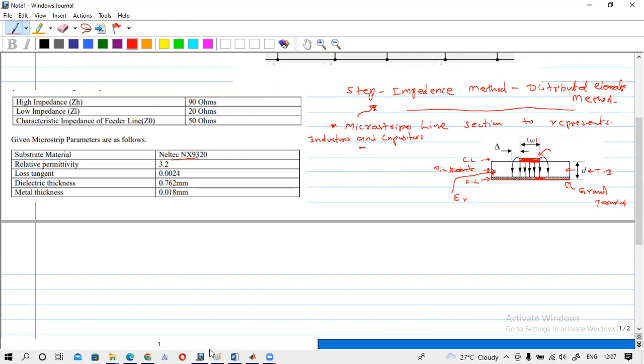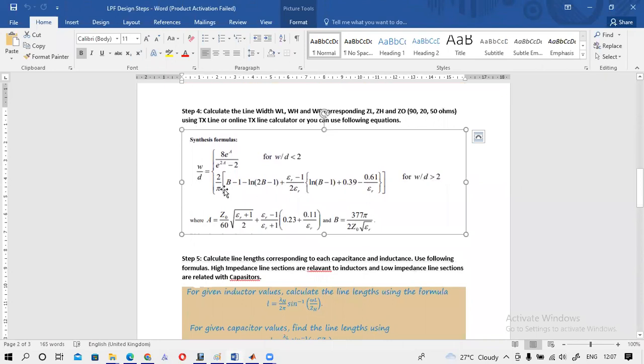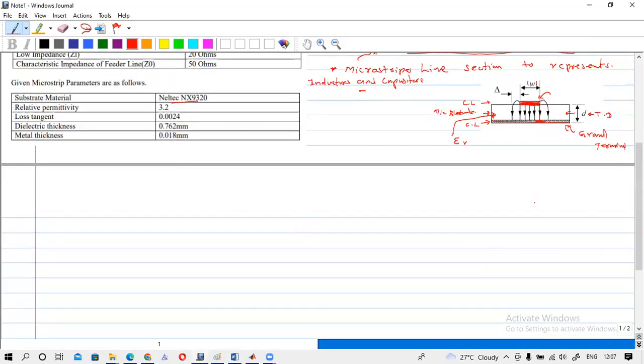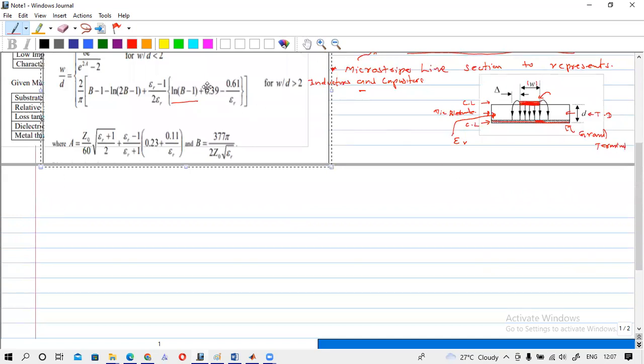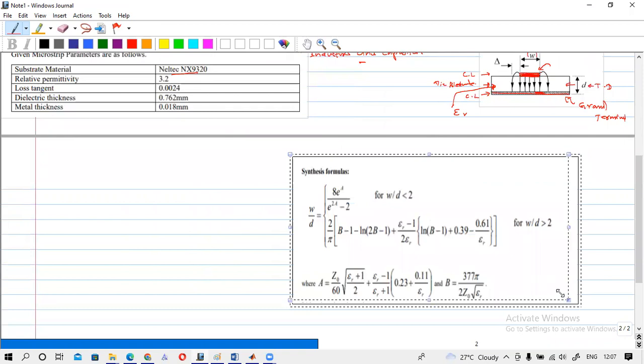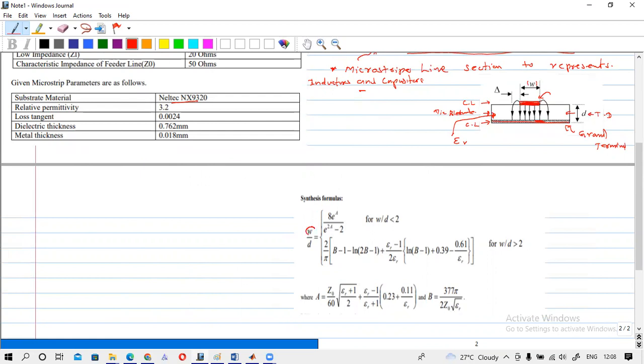There are many equations, but we can use this equation to find the width.